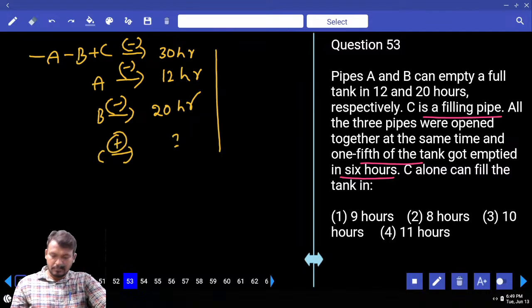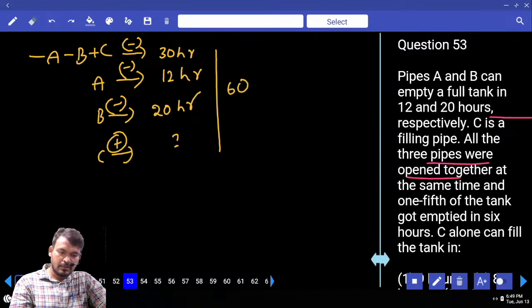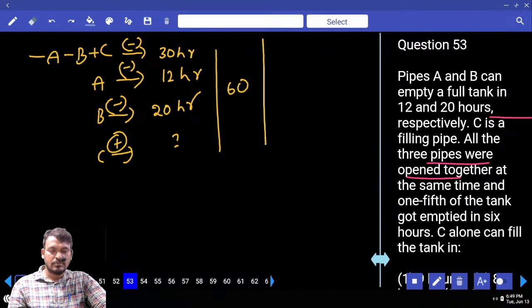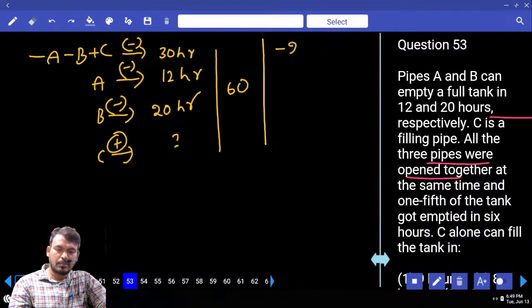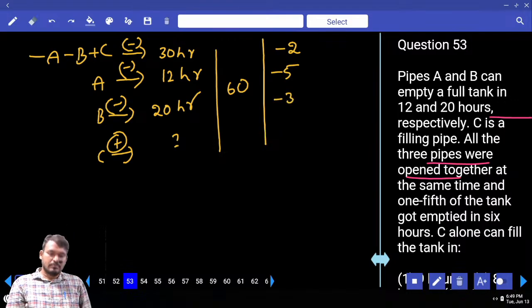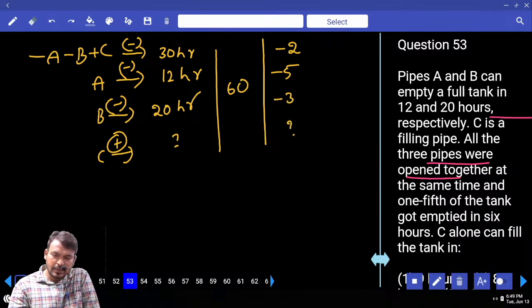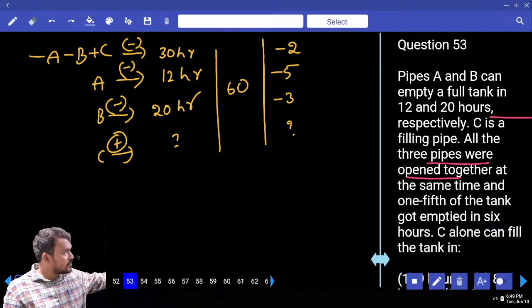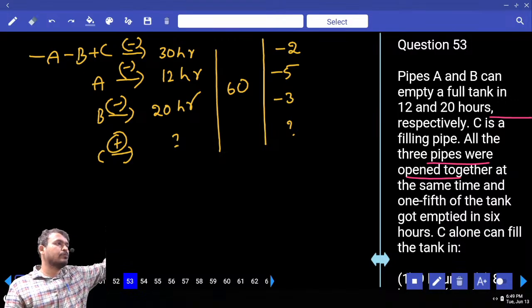What is the LCM? 60. 30, how many times? 2 times. Minus 2 or plus 2? Minus 2. 12, 5 times. Minus 5. 20, minus 3. And here something. Minus 5 minus 3 plus something equals which one?